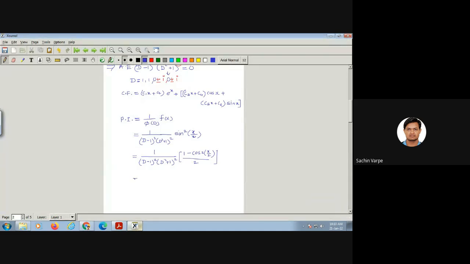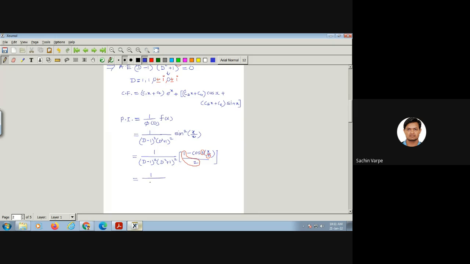So that is equals to पहले तो this 2 will get cancelled from the cos, isn't it? So it is just cos x. So when I split the denominator to these two, I'll be getting 1 by 2 and then cos x by 2. So I'm dividing this 1 upon phi of D to both of these terms.